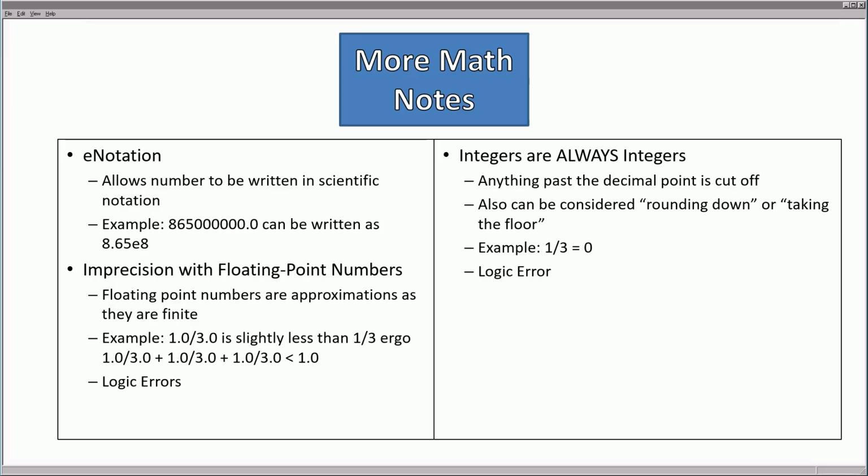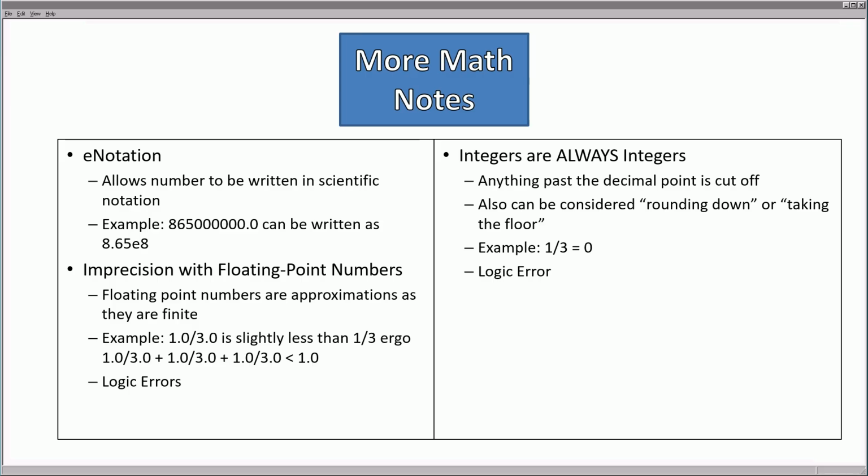A couple other notes to keep in mind. Whenever we're talking about floating point numbers, like a double, they are approximations as they are finite. The thing is, our memory only has a limited amount of space. So if we were to do 1.0 divided by 3.0, as we know, 1/3 is 0.3 repeating, and that 0.3 repeats until infinity, but we don't have an infinite amount of memory.